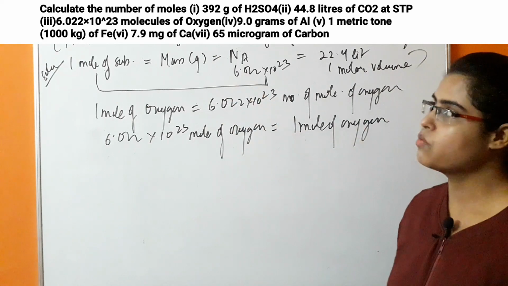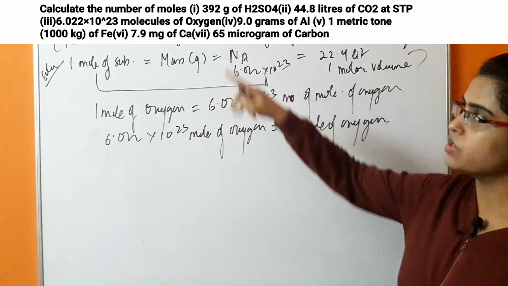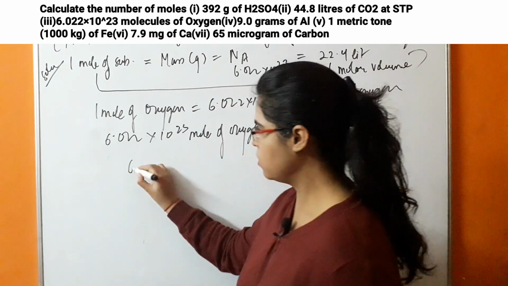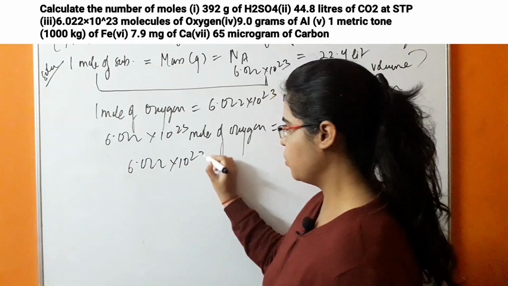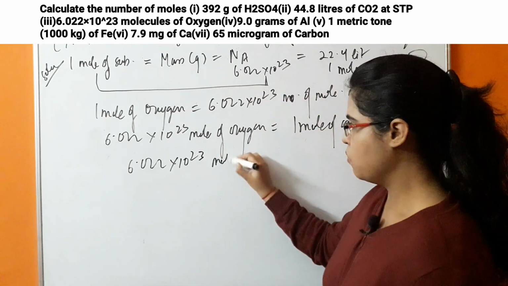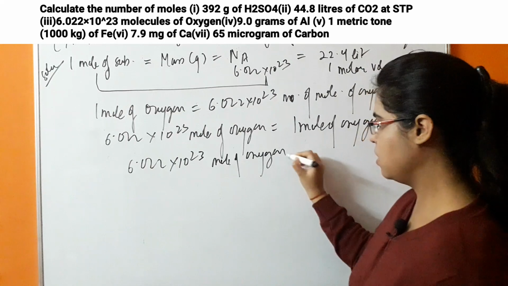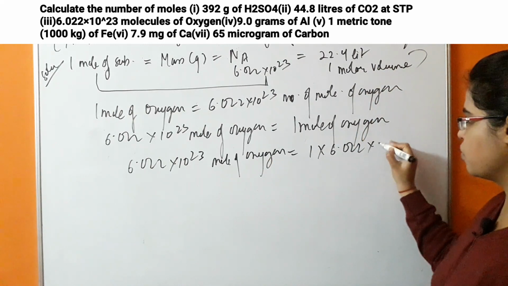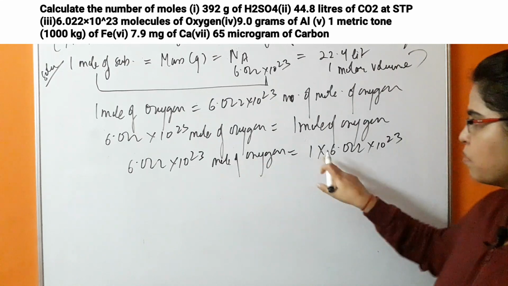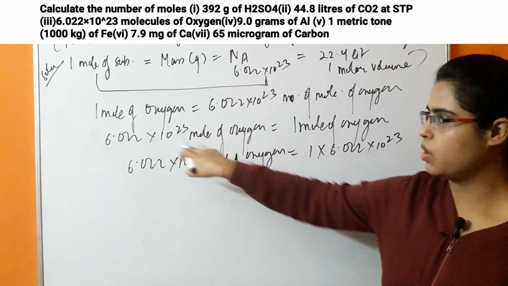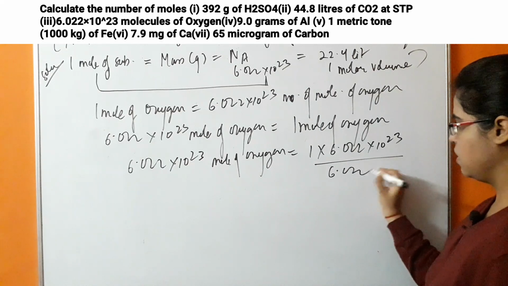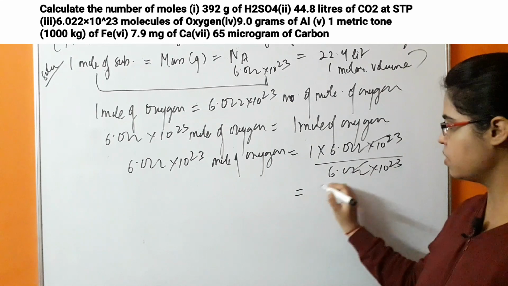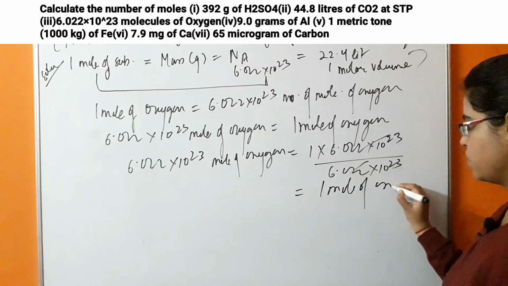We have to find out the mole in 6.022 into 10 to the power 23, which is the same number. On applying the unitary method, 1 into 6.022 into 10 to the power 23 is multiplied with 1 mole and this quantity is divided. So the number of moles found is 1 mole of oxygen.